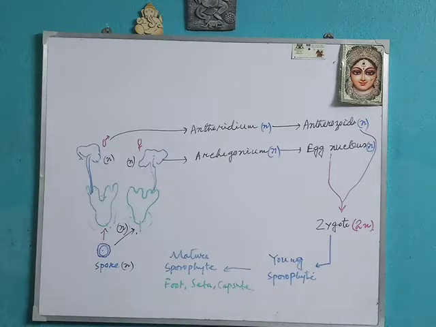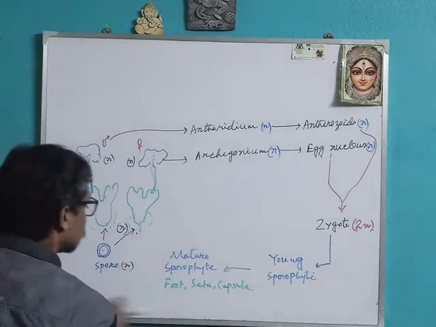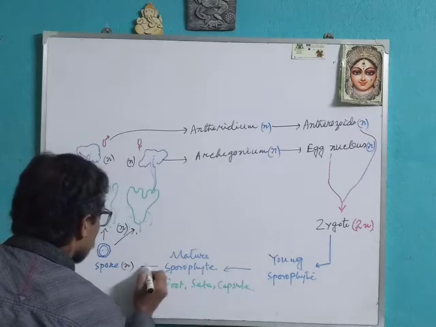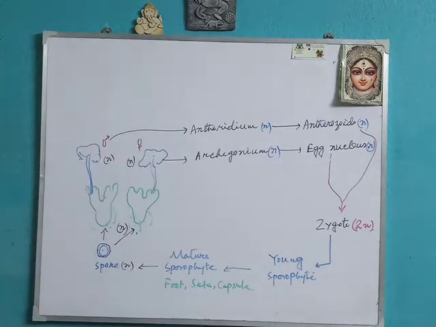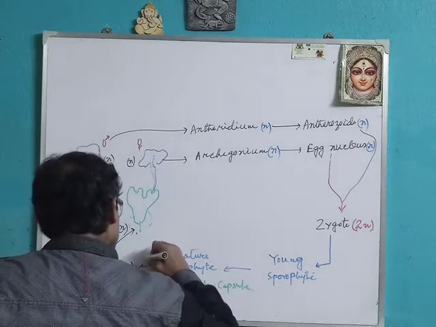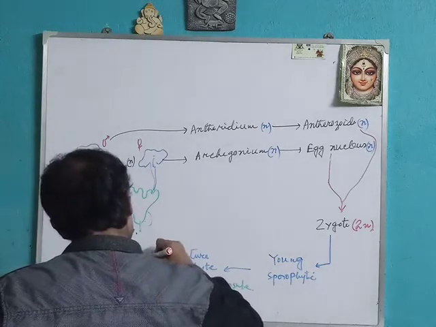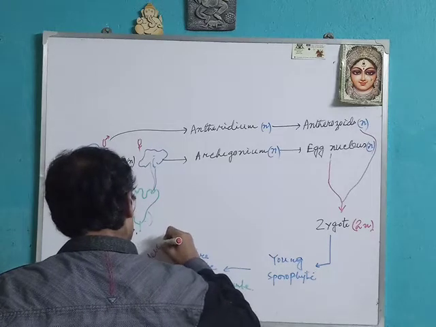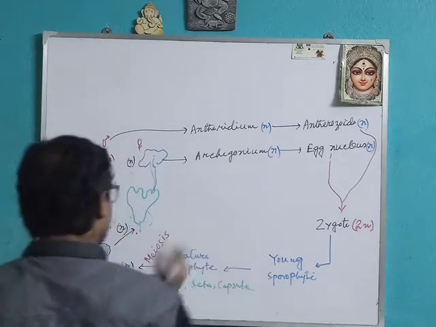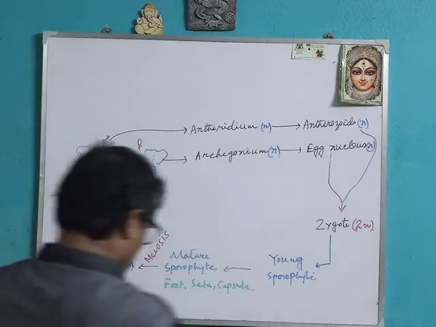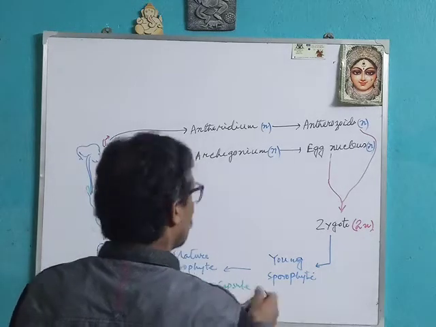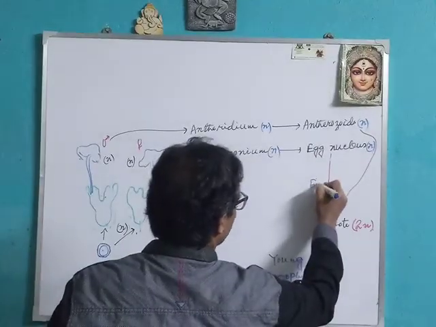From the mature sporophyte, spore formation starts with meiosis. Meiosis takes place over here, and, sir, fertilization takes place over here.